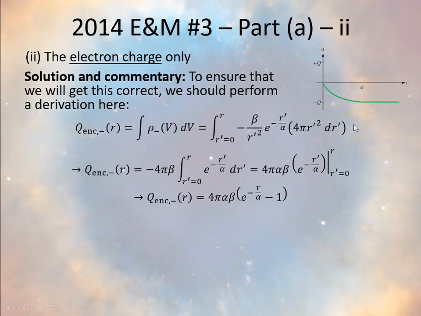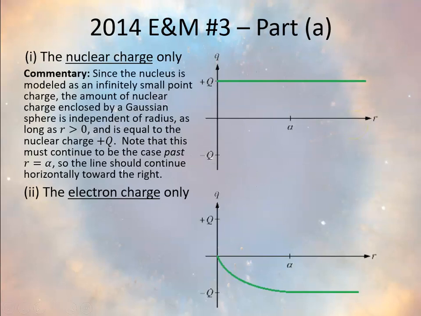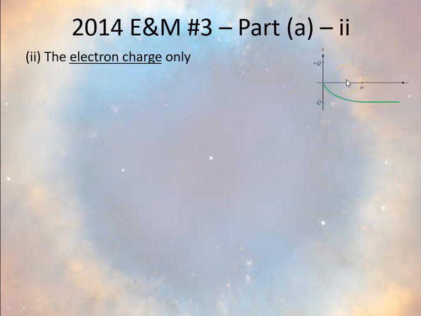So, how are the points awarded on part A? So going back to part 1 of part A, they gave 1 point for a graph that starts at little q equals plus Q up here. And they gave 1 point for the graph being a horizontal line. In part 2, they gave 1 point for the graph starting at q equals 0 for r equals 0.